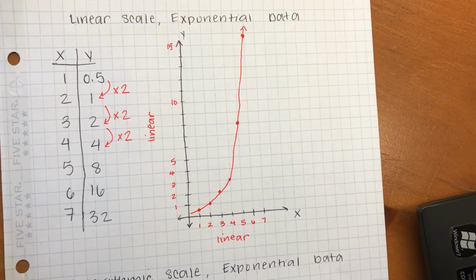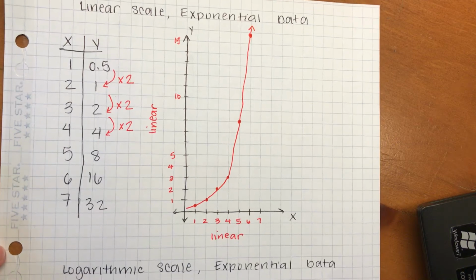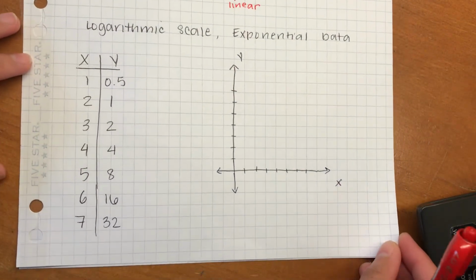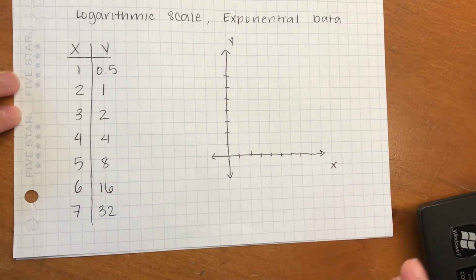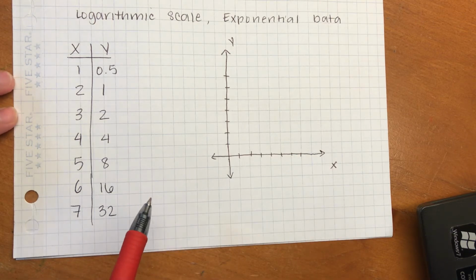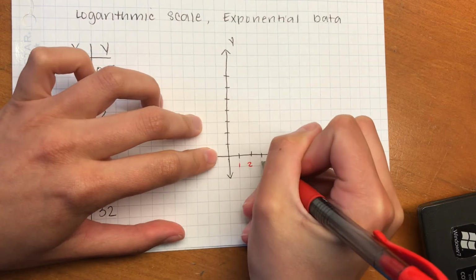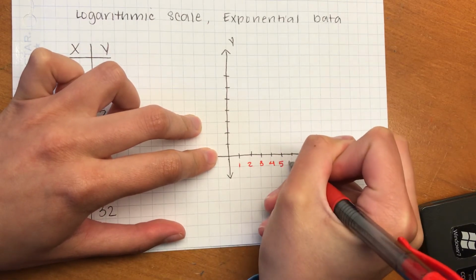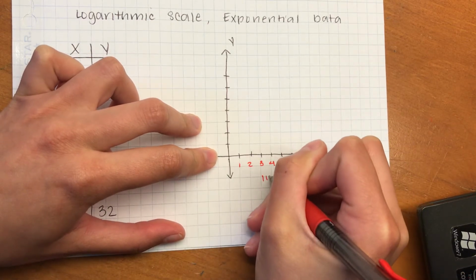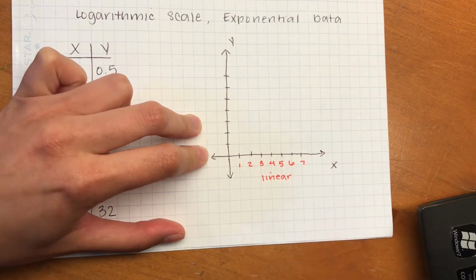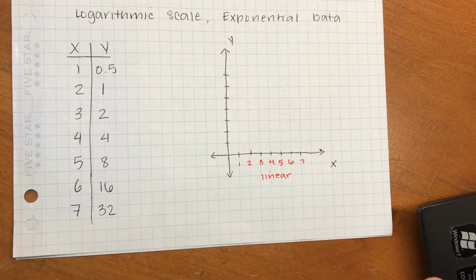So we're going to take the exact same data, which I've written again here, and now we're going to use a logarithmic scale on the y-axis. So I'm labeling my x-axis the same. So this is still linear on the horizontal axis.